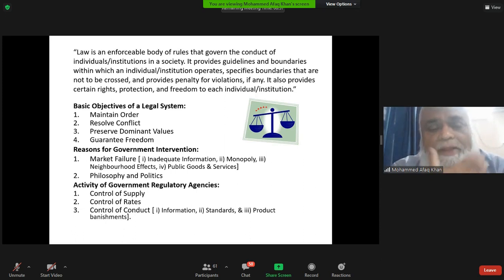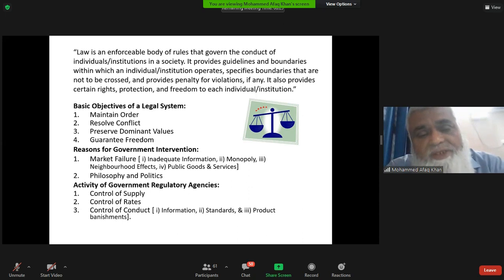Okay. Then we have public goods and services. For example, basic education is provided by the government because private organizations' fee structure is very high, and for the economically weaker sections the government has a concern for providing those goods and services.